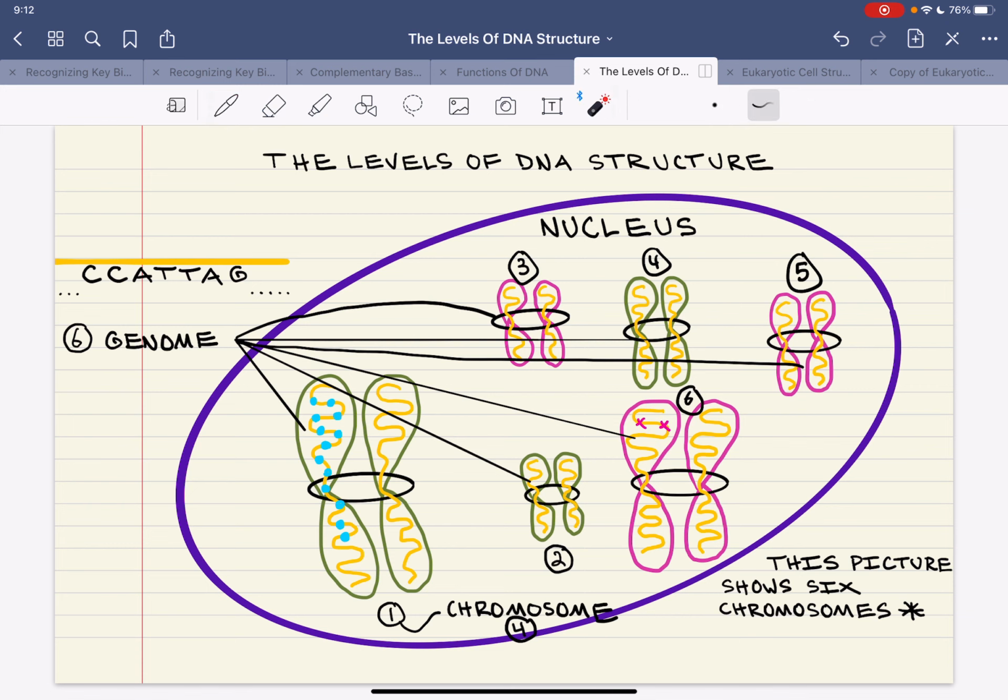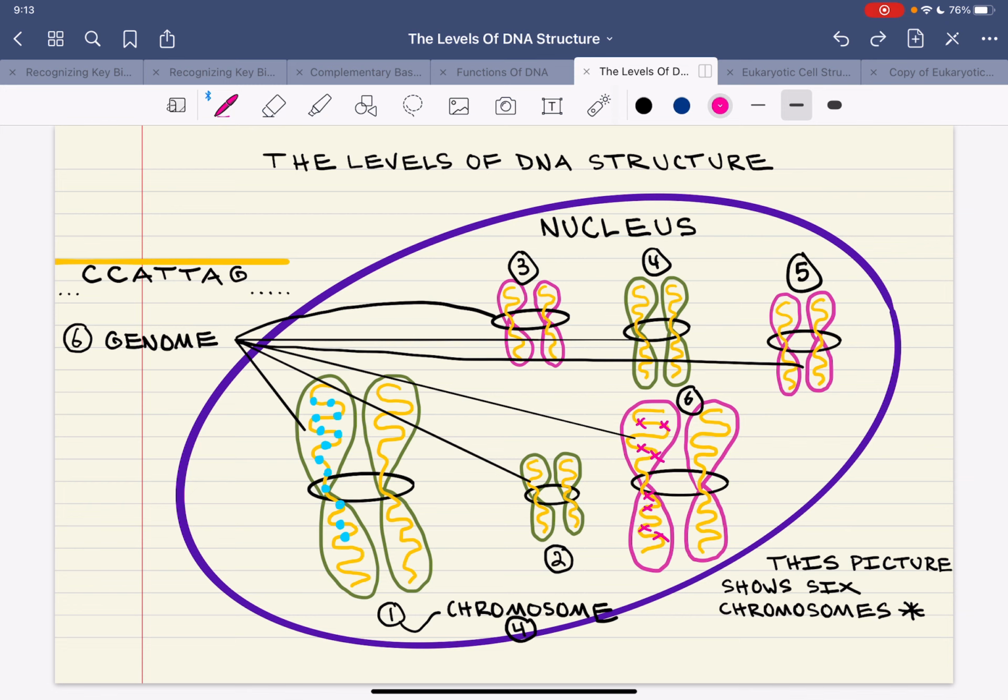Okay, so this stretch right here, we're going to say that little bit is a gene. And each chromosome has several genes, so there might be another gene that goes from point A to point B, maybe another one from here to here, another one from here to here. Gene, gene. Okay, so each chromosome has various genes.